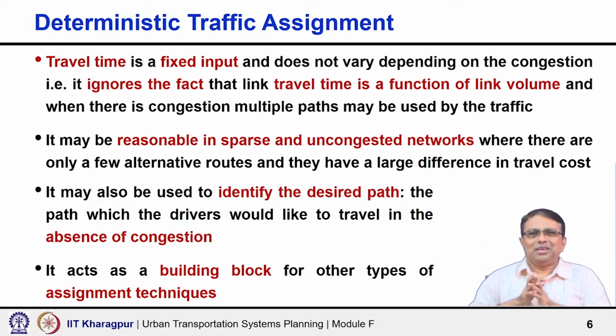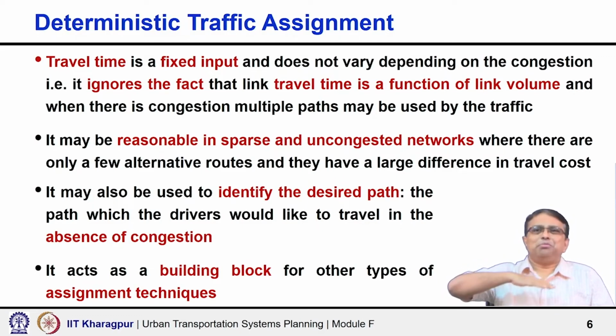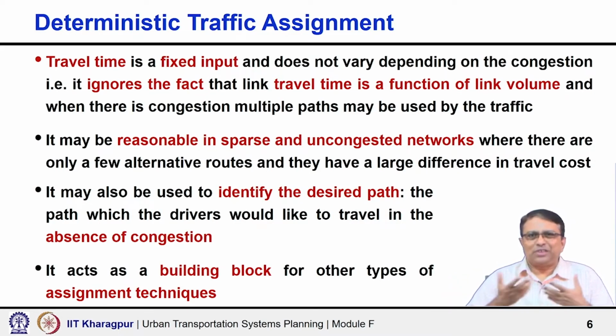Like if I put enough infrastructure and make the whole transportation network like that, then everybody would love to use that path only. So, that gives some kind of base level, or what is the best that people would have loved to experience.